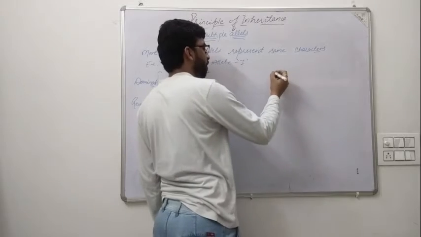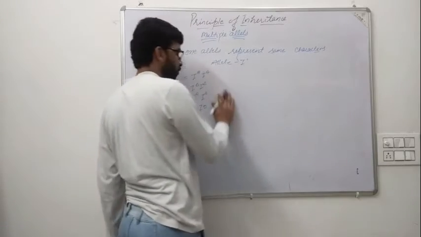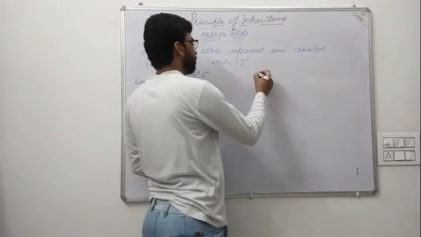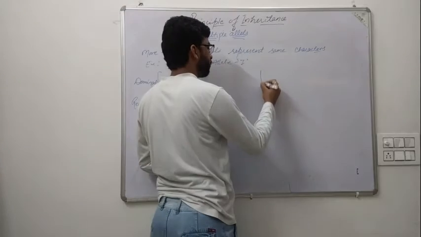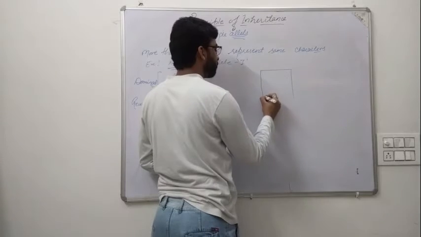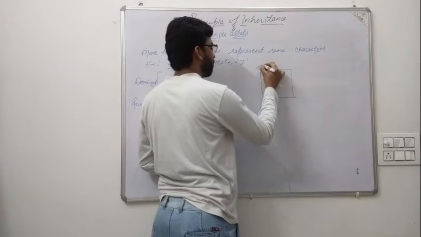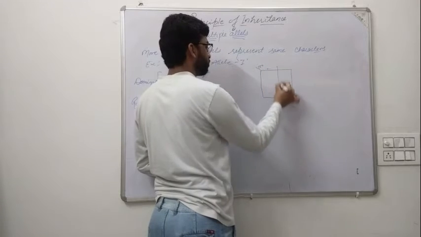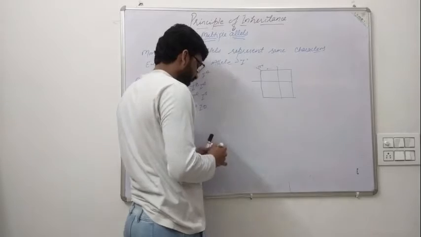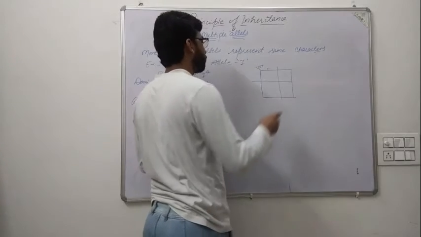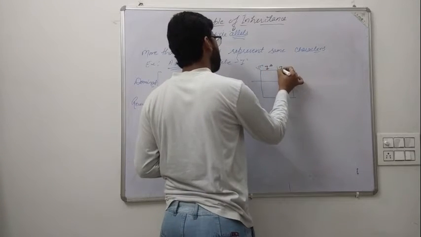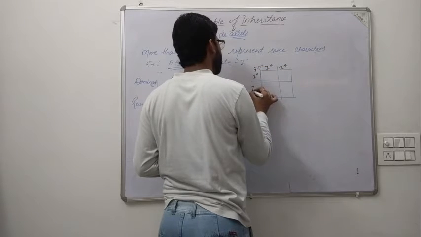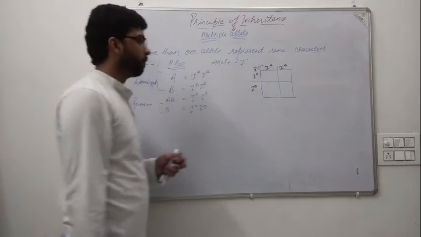Let's assume the father has blood group A, with allele IA, and the mother has blood group O, IO.